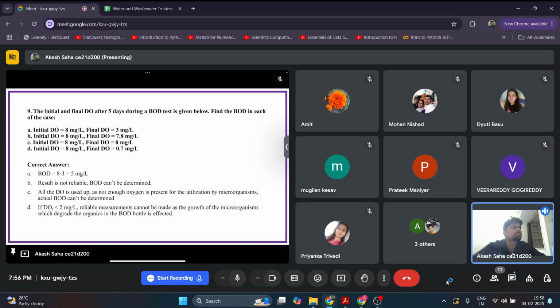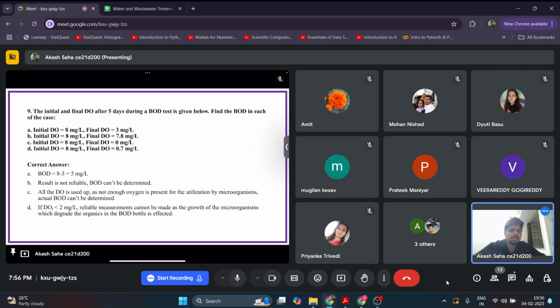Suppose the COD is 400 or 500. Then estimate the BOD: 60-70% of 400 or 500, so it will come in the range of 260, 280.